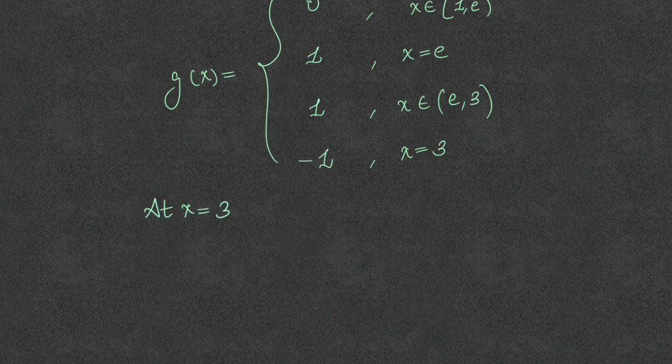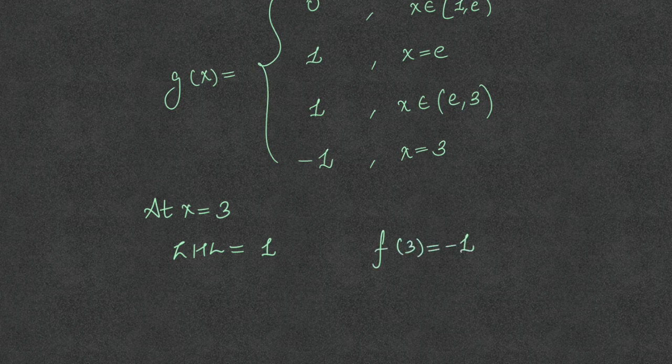Now at x equal to 3, the left hand limit is equal to 1, because for the left hand limit the interval is this, which is equal to 1, and f of 3 is equal to minus 1.